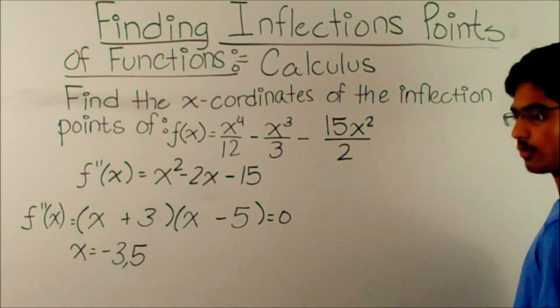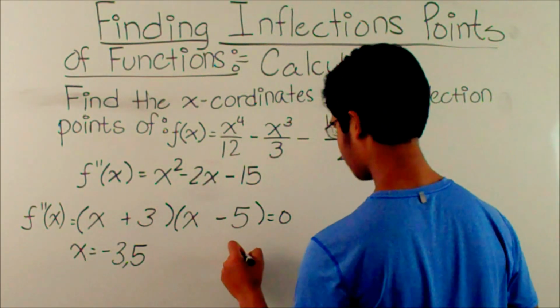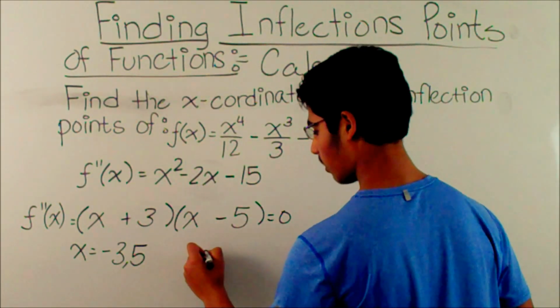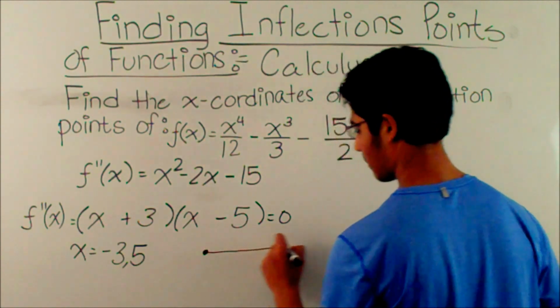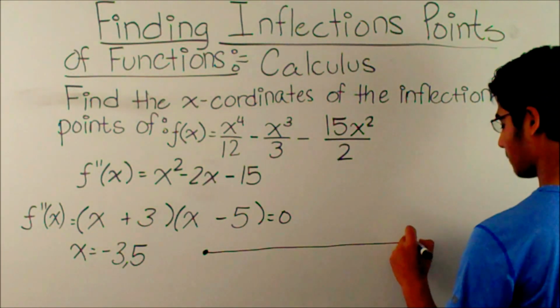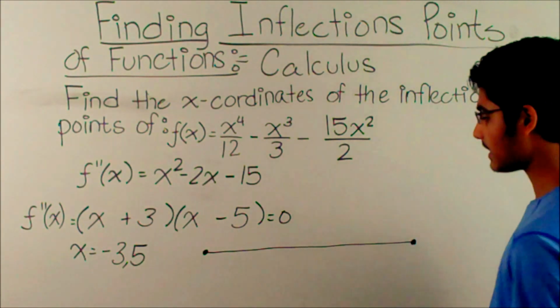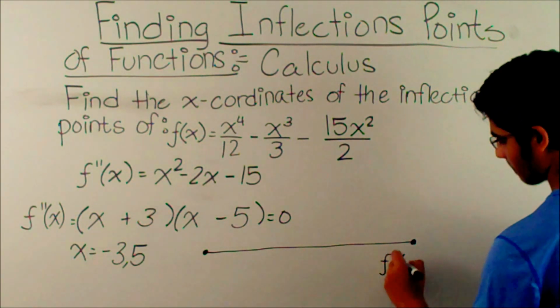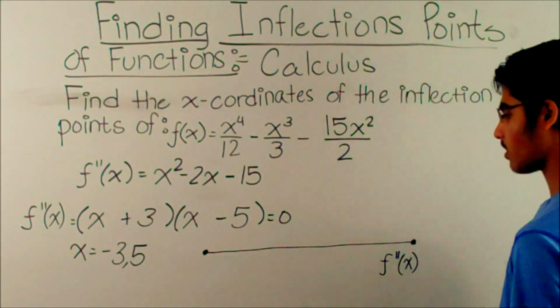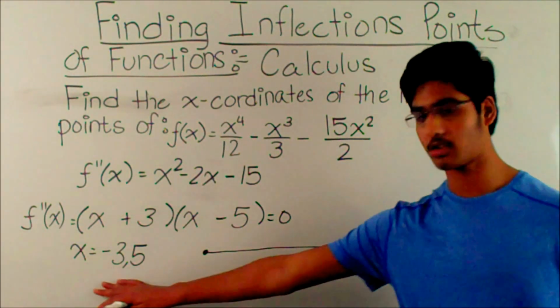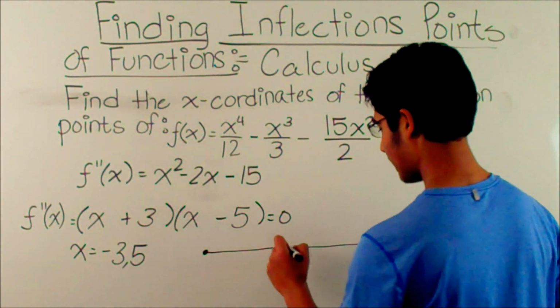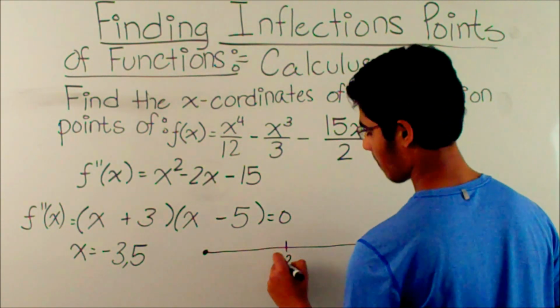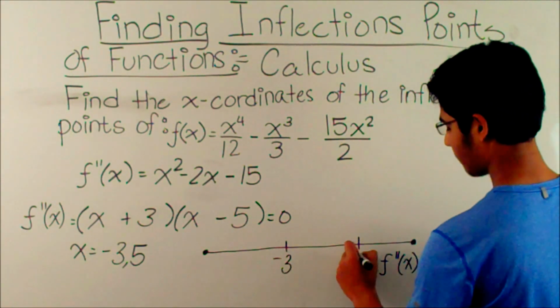before we clear up some more room actually, let's just make a sign line. So we have this side, and it comes here. And we know that this is the sign line of f double prime of x. And now we know that the two roots that we're looking at are negative 3 and 5.